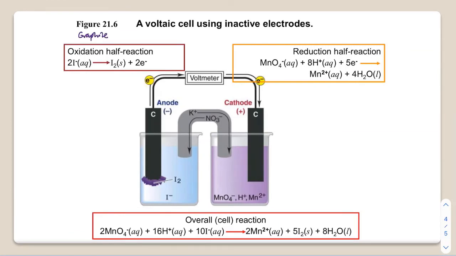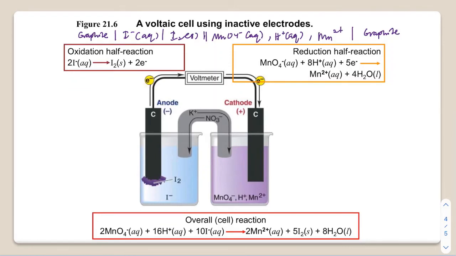Graphite single slash I minus aqueous single slash I2 solid double slash MnO4 minus aqueous, comma H plus, no slash because they are the same phase, which is aqueous, comma Mn2 plus, single slash graphite.